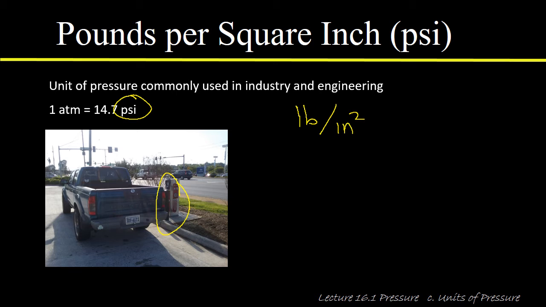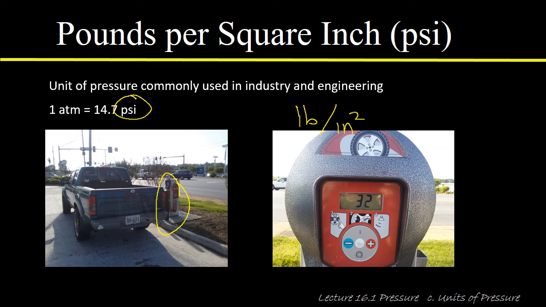If you look at the pump, it reads the pressure in the tire, and it doesn't have any units displayed here, but the units here are pounds per square inch, PSI. Same thing is true if you're inflating a football or a soccer ball or a basketball. The units on those gauges are always going to be pounds per square inch.